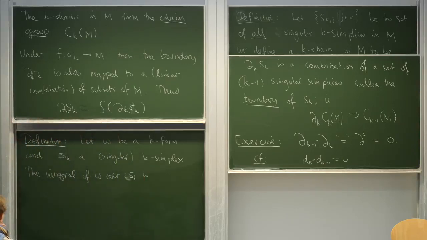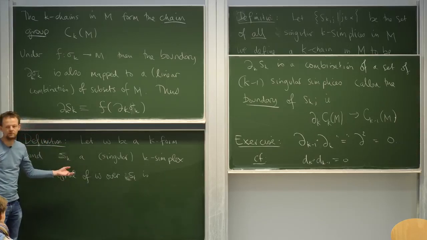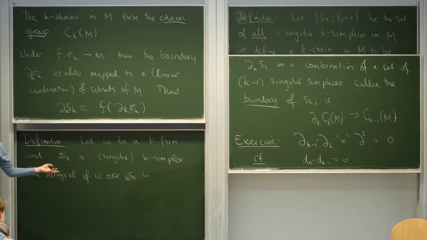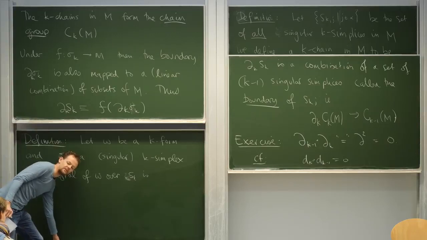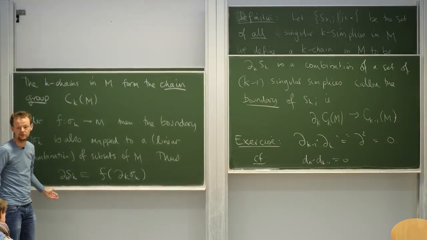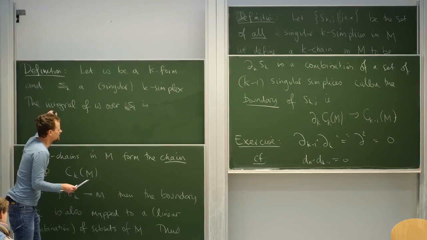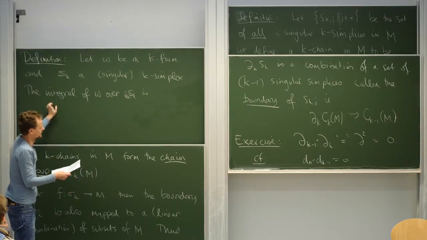Then we're going to define the integral of our k-form over s_k, just like we do for the standard integral of forms over subsets, but now we have to worry that we have a lower dimensional subset of M, so we have to use pullback maps to do this definition.